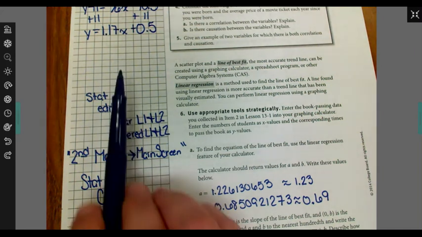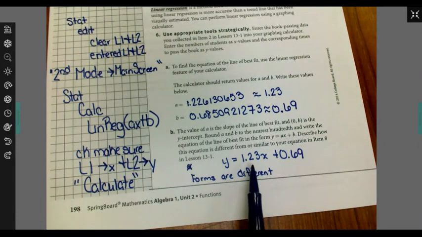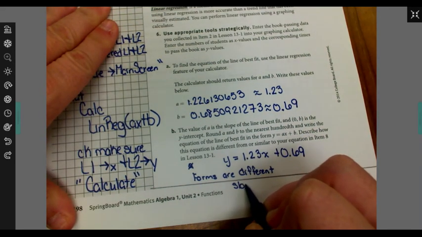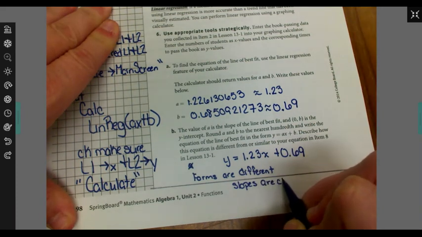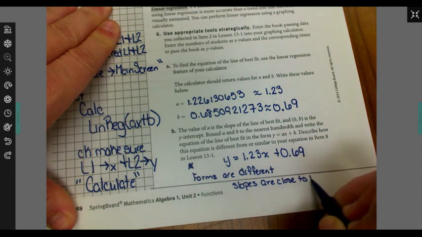My slope from the one we did the other day was 1.17. Their slope is 1.23. Are those close or really far apart? Slopes are close to the same.